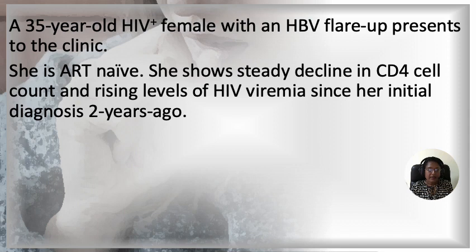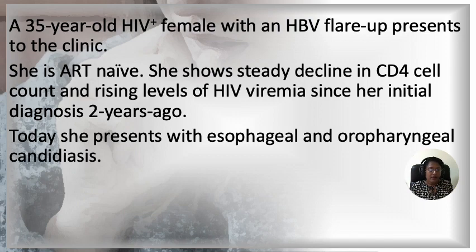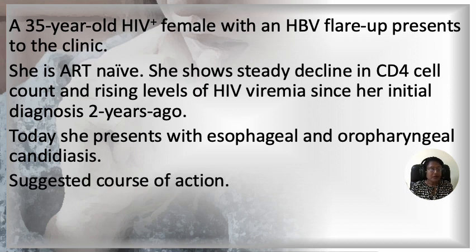This patient is antiretroviral treatment naive, so she didn't take treatment when she was first diagnosed 2 years ago. She has a steady decline of the CD4 cell count with rising levels of HIV viremia since her diagnosis. Today she presents with esophageal oropharyngeal candidiasis, and that's what brought her here.